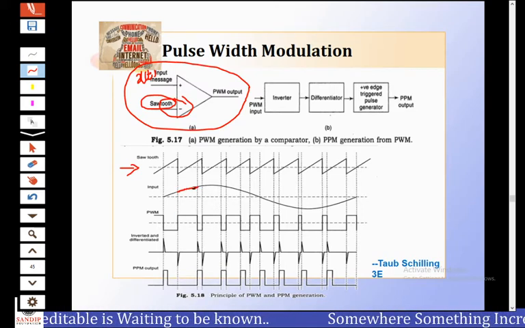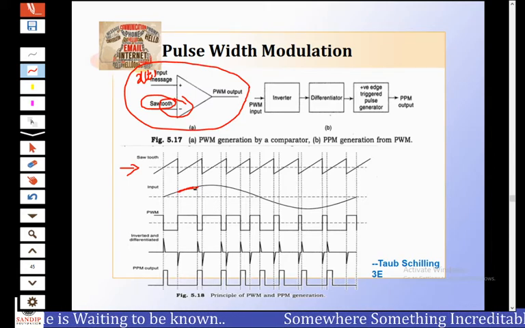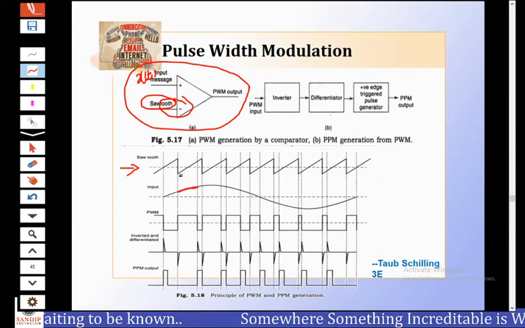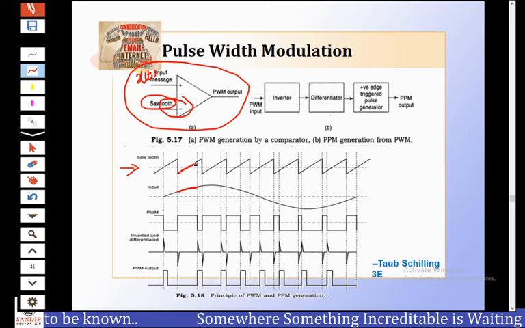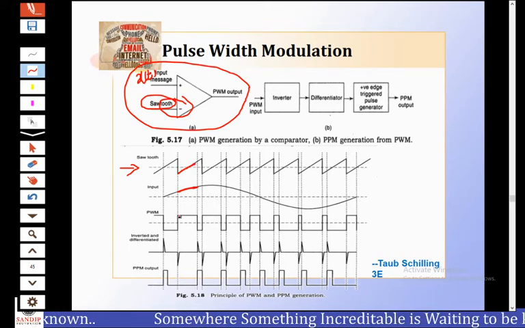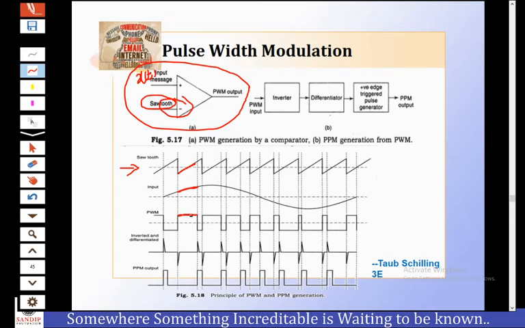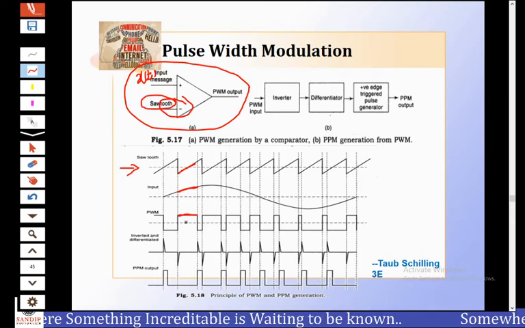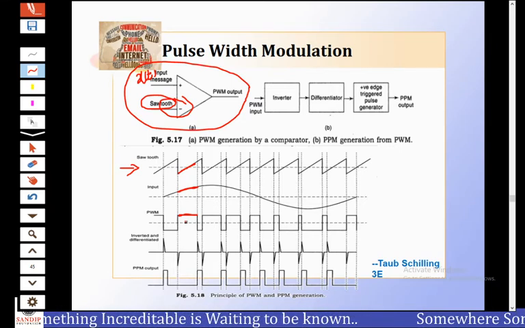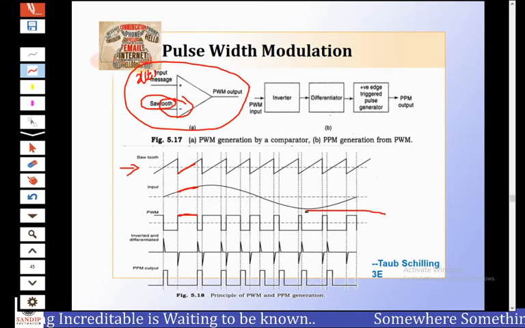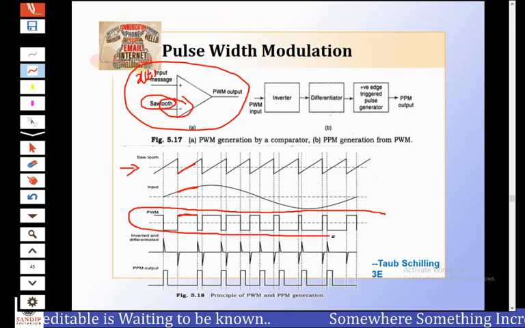Here the instantaneous amplitude of the modulating signal is higher than the instantaneous amplitude of the ramp signal. In that case the comparator output will remain high. This gives rise to a PWM signal at the comparator output as shown in the figure here.